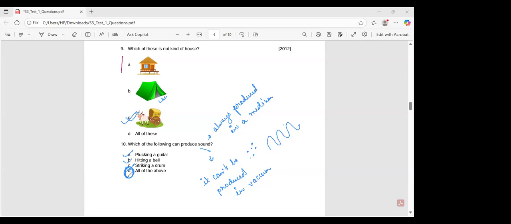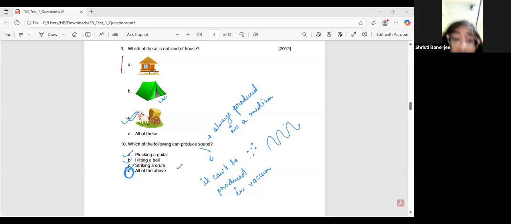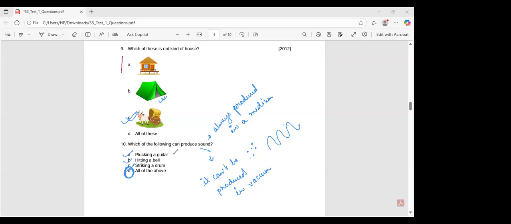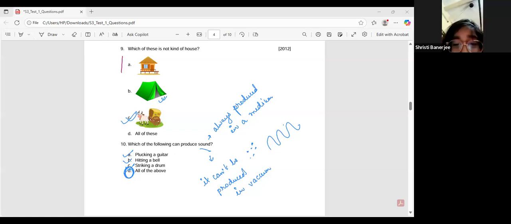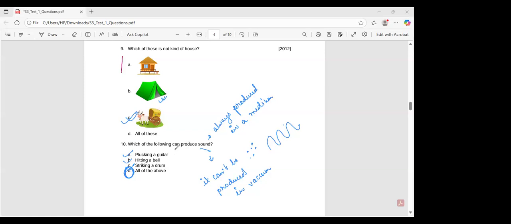Are you getting clarity on how you are supposed to solve the questions and in which sequence? The first and foremost thing is your time management.